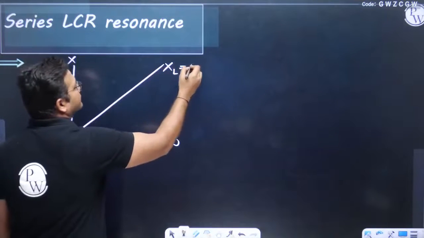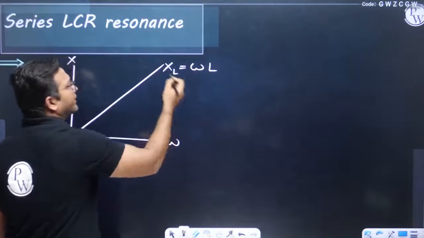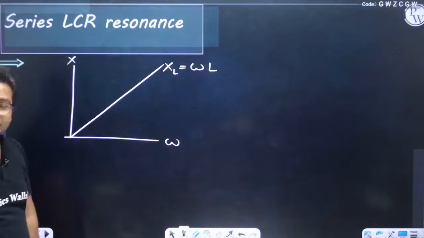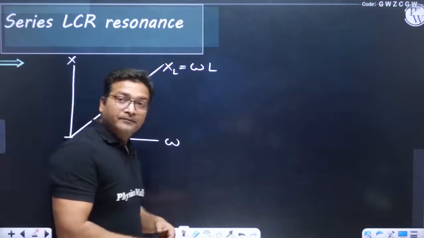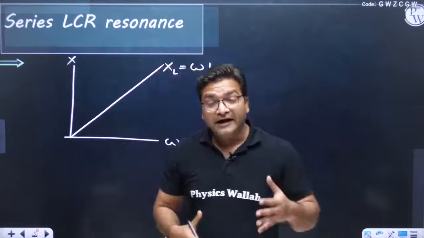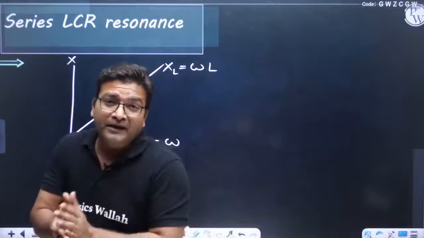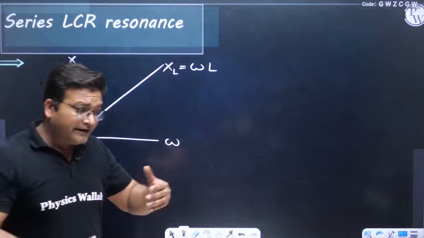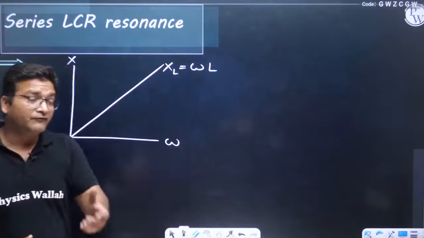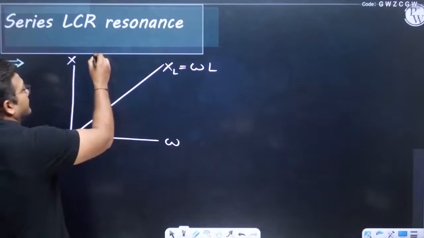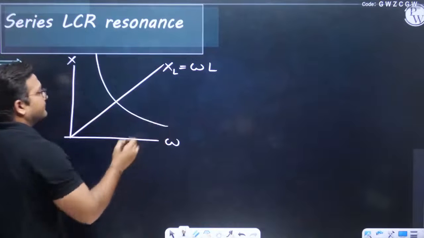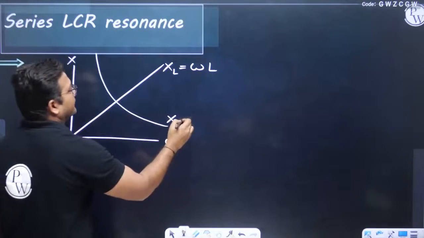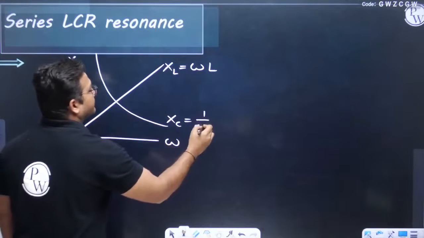So the plot is a straight line passing through the origin. But XC, the capacitive reactance, is equal to 1 by omega C, so it varies inversely with omega, and the graph should be something like this. This is XC, which is equal to 1 upon omega C.